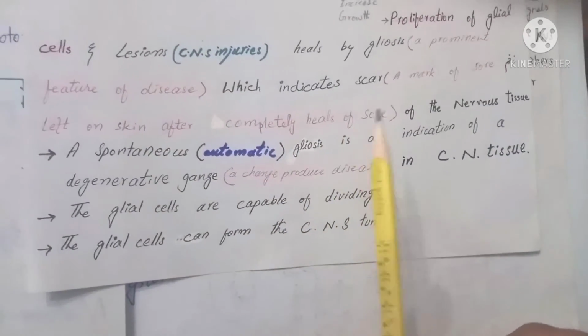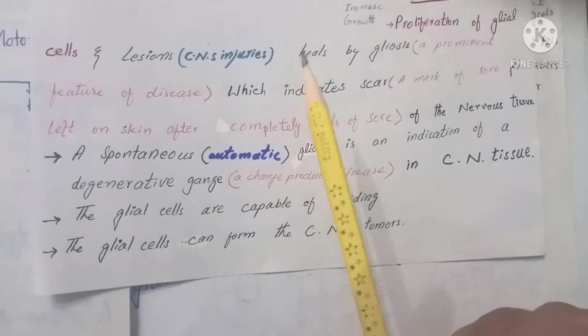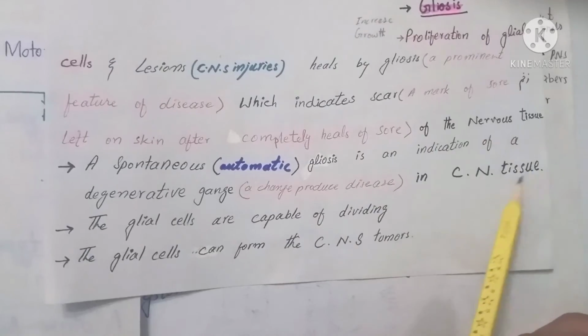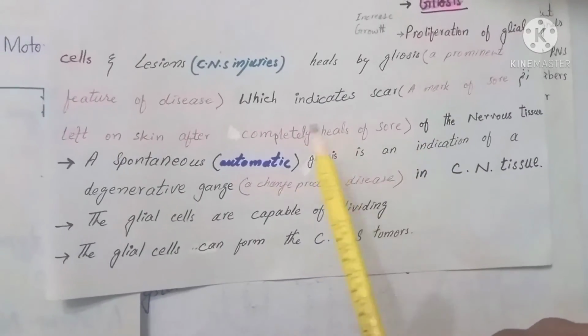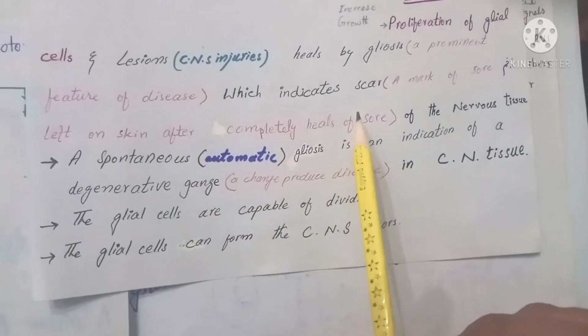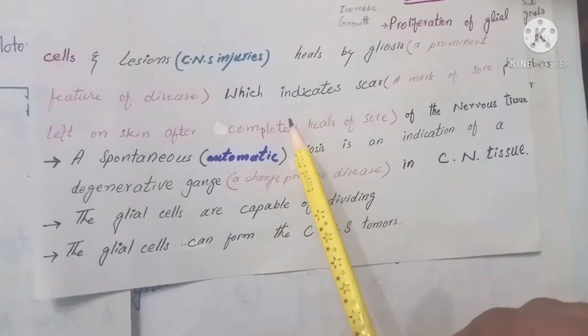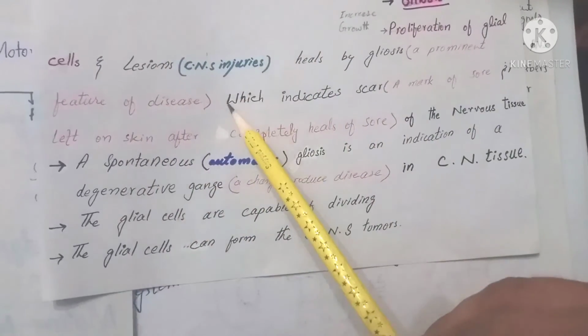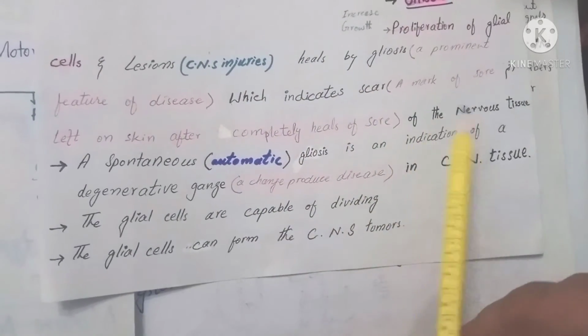And spontaneous gliosis indicates the degenerative change in the CNS tissues, the nervous system tissue. Spontaneous means automatic. The glial cells produce a change which continues disease in the CNS.